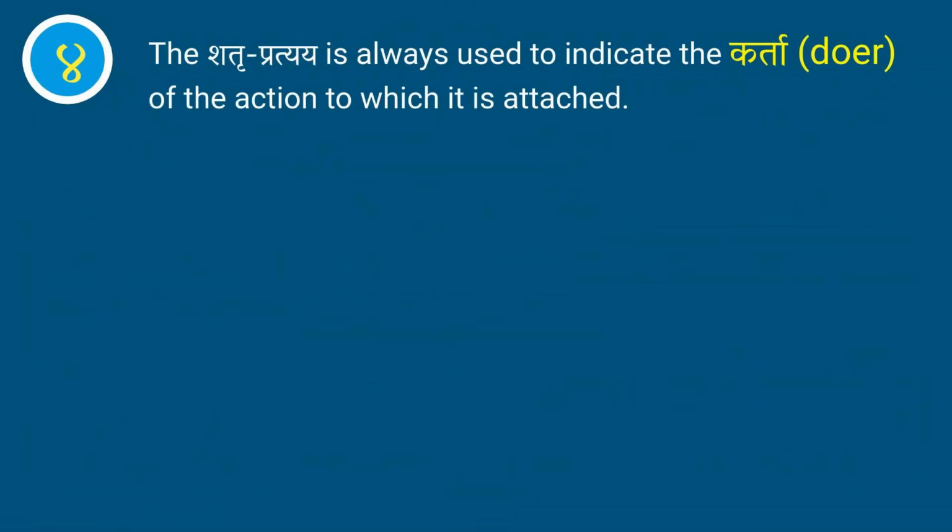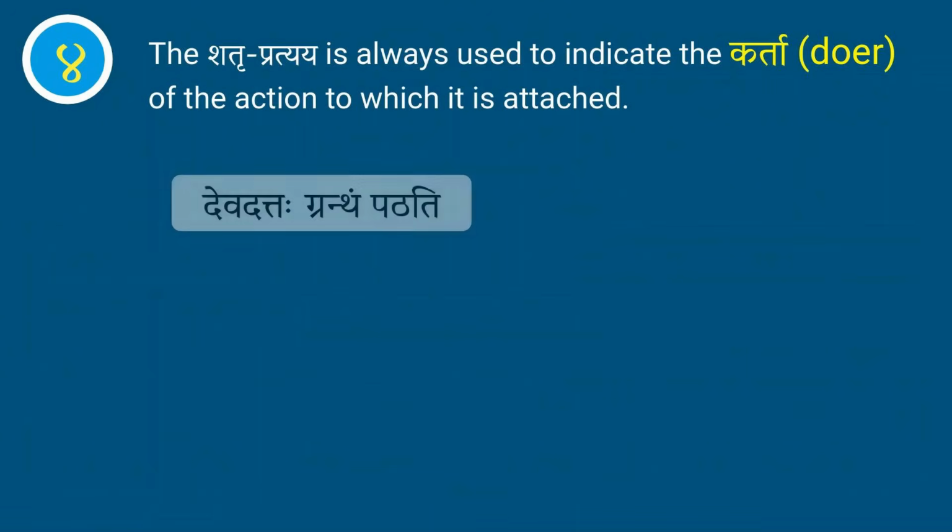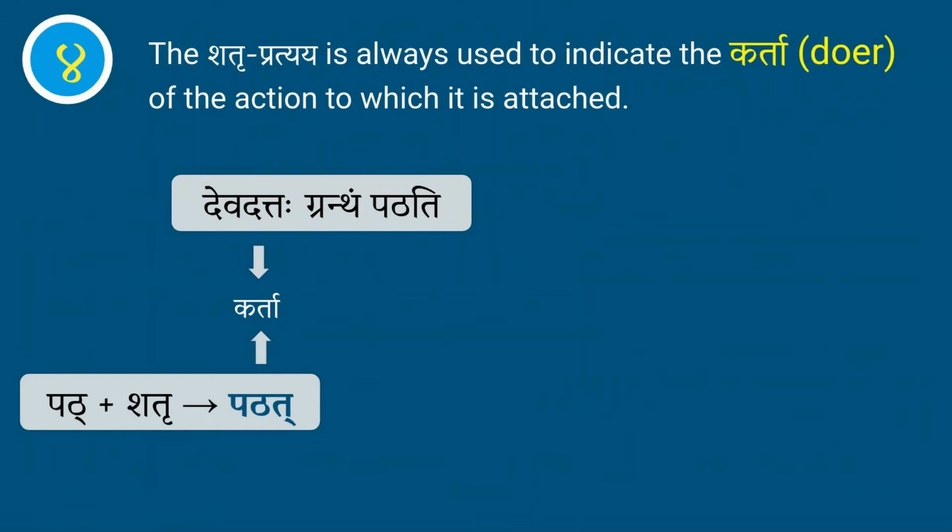The Shatru Pratyaya is always used to indicate the karta, the doer of the action to which it is attached. For instance, in the sentence Devadattaha Grantham Pathati, Devadattaha is the karta, and thus when the Shatru Pratyaya is attached to the Patha Dhatu, the resultant Pratipadikam Pathat will also represent Devadatta.